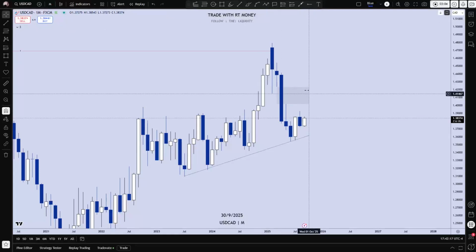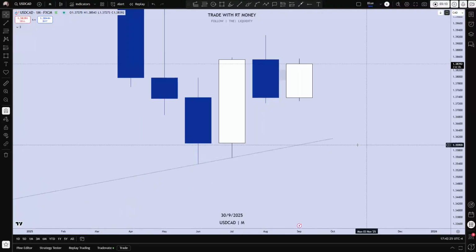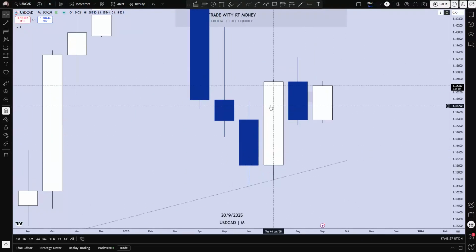So you can see July, if we focus in on it, the July candle completely took out the high of June's candle, and we closed well above it, which would indicate more bullishness to come.